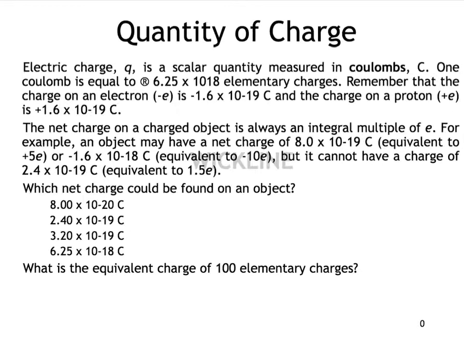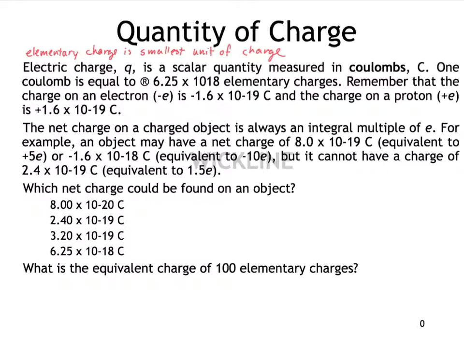Okay, on this slide we're going to discuss that there are actually only certain charges that are allowed for an object, and the reason is because of the idea behind an elementary charge. An elementary charge is the smallest unit of charge that any substance can carry.